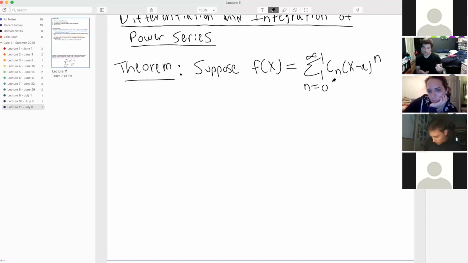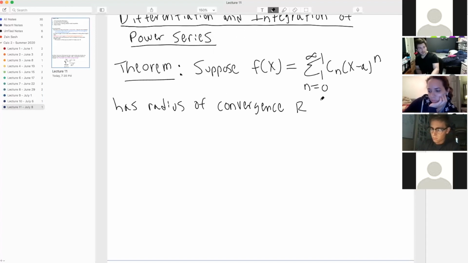So that was our power series. So suppose this guy has radius of convergence, capital R. Okay, so this thing will converge for some x values in a radius of convergence capital R. Okay, so what can we say about f prime of x and the integral of f?